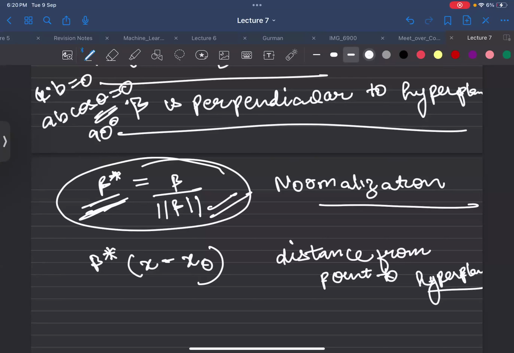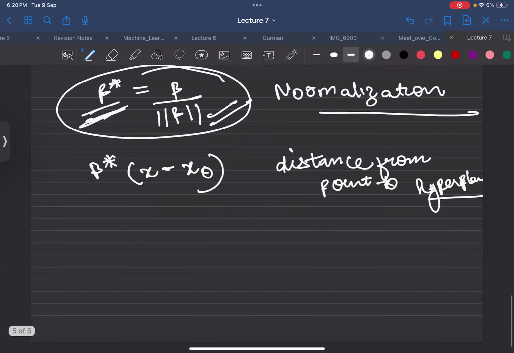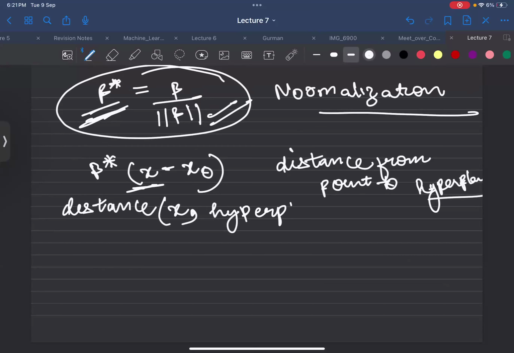I'll tell you, Bhavna, what point we have to remember from the exam point of view. What is the distance of the point x to the hyperplane? That is what I'm saying.